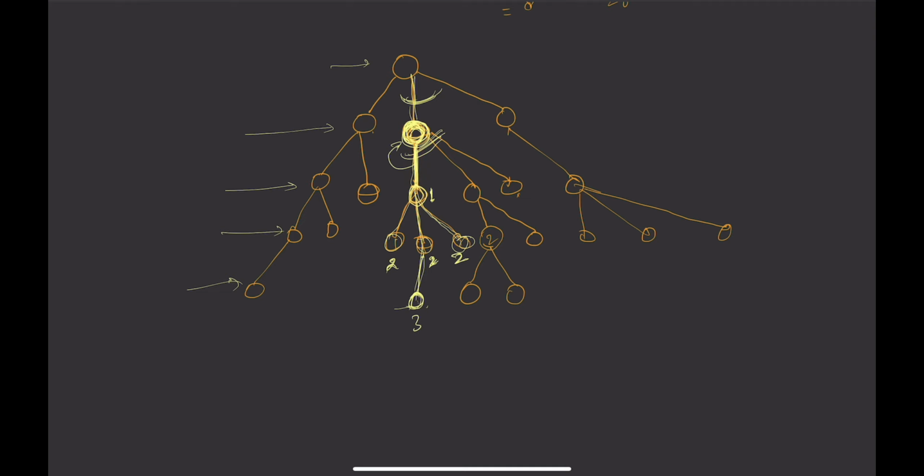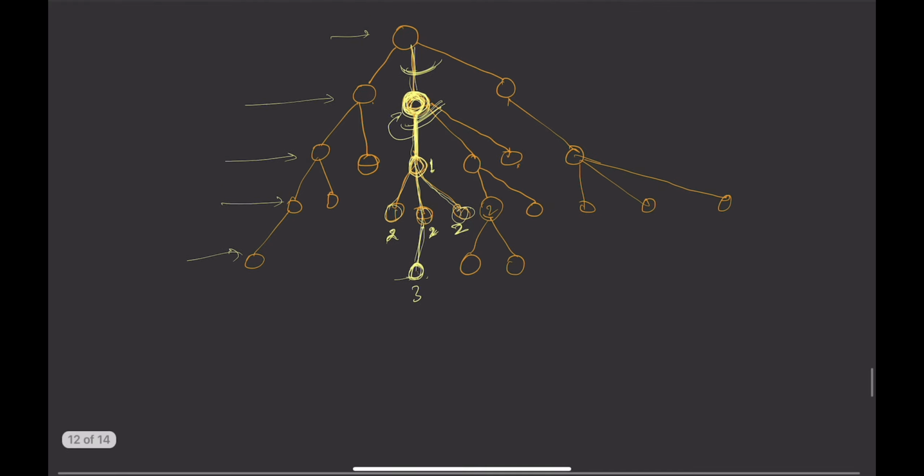So for any node u, can we say, if I already know the answer for this, right? So what is the answer for this, by the way? It will be better if we write for the child and then calculate for the parent.